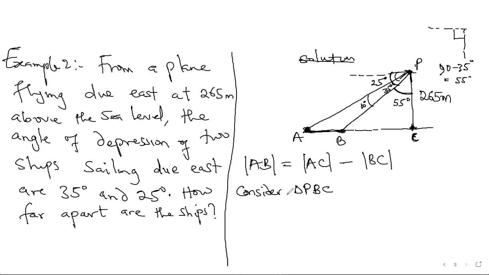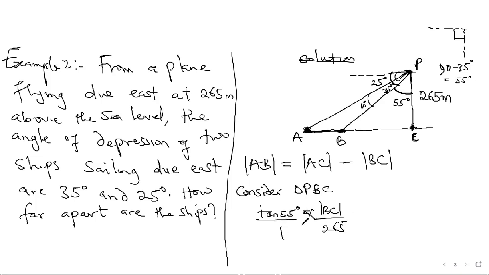So I want to get BC, which is opposite to this angle. I don't have information about the hypotenuse. So I know the adjacent to this angle, and I'm looking for the opposite. So that's tan again. So tan 55 degrees will be opposite, which is BC, divided by the adjacent, which is 265.